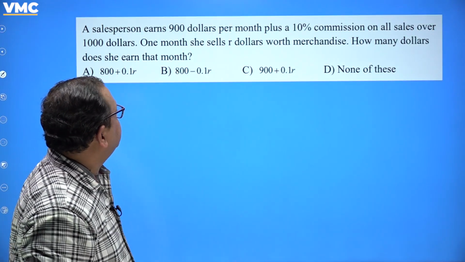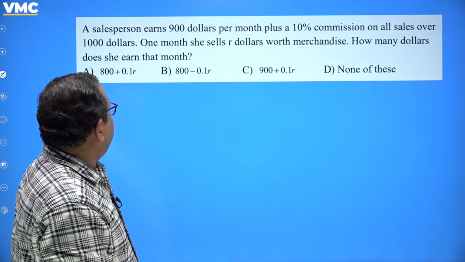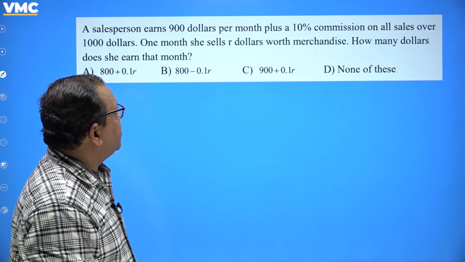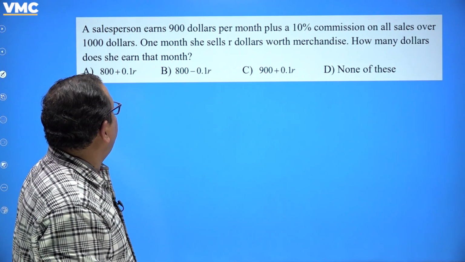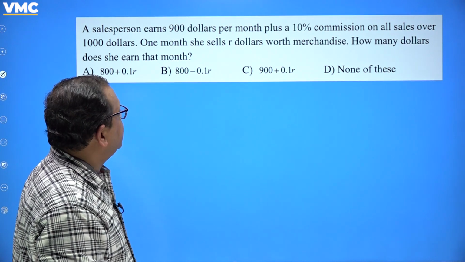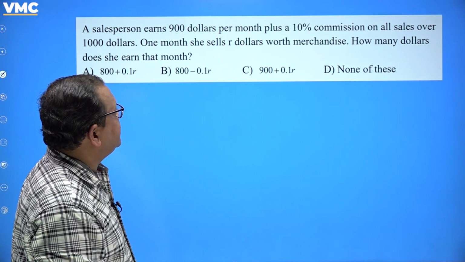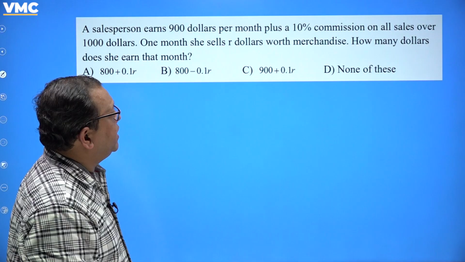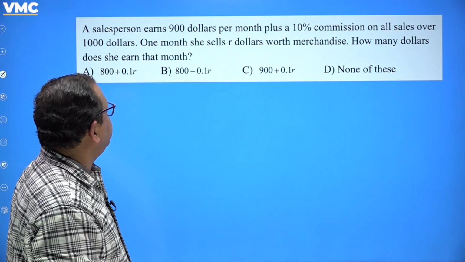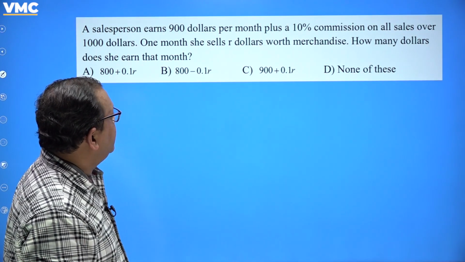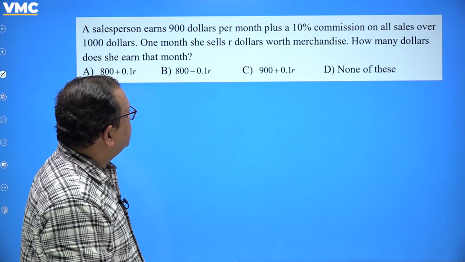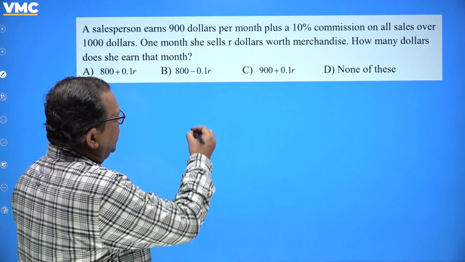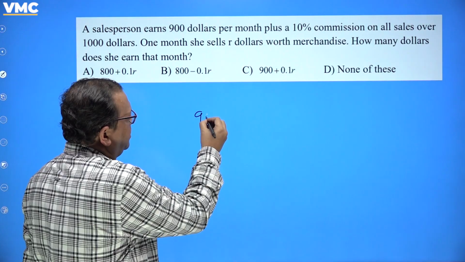let's look at this question. A salesperson earns $900 per month plus a commission on all sales over $1,000. One month she sells R dollars worth of merchandise. How many dollars does she earn that month? Okay, so she earns $900 per month, which means $900 is her salary.